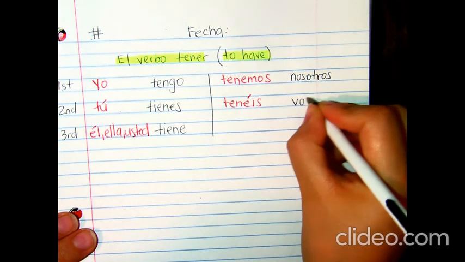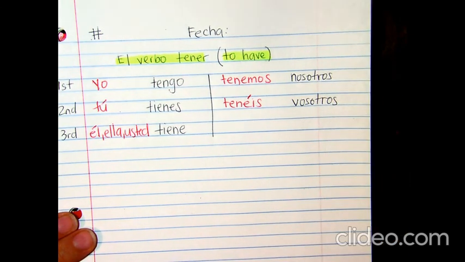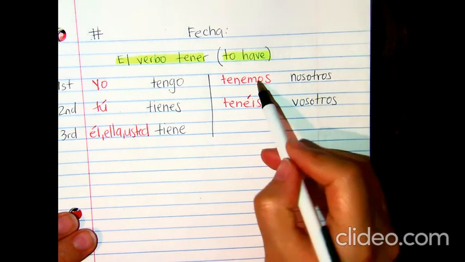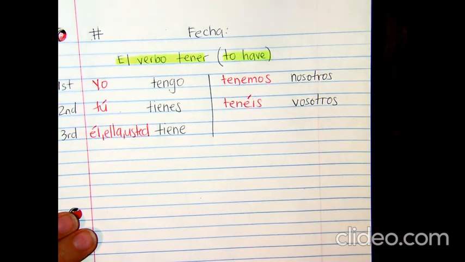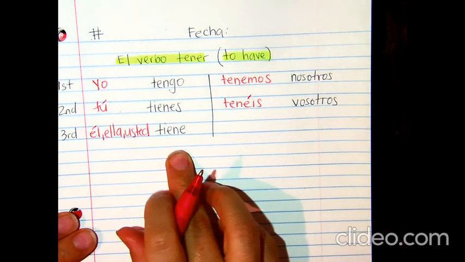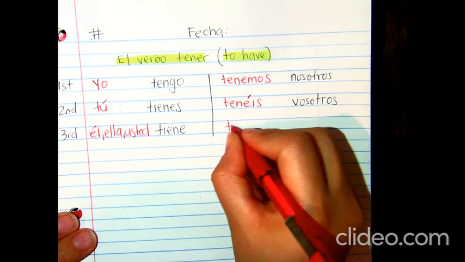And vosotros is you guys, informal, but it's plural. It's a group of people that we're familiar with. Nosotros tenemos, we have. Vosotros tenéis, you guys have. And then we have ellos, ellas, ustedes tienen.